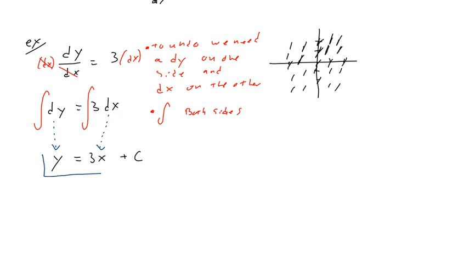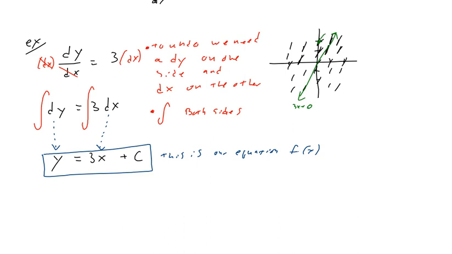And so this is the equation of f of x. So it's 3x plus c. And you see we can have all kinds of different equations. We can have 3x plus 0 going through the middle there. We can go up to 2.